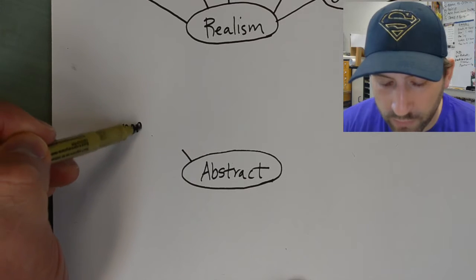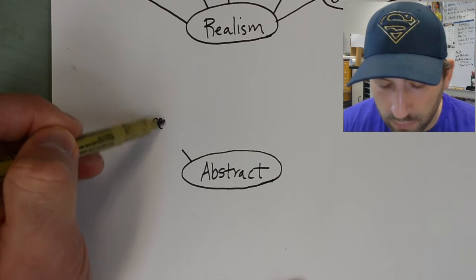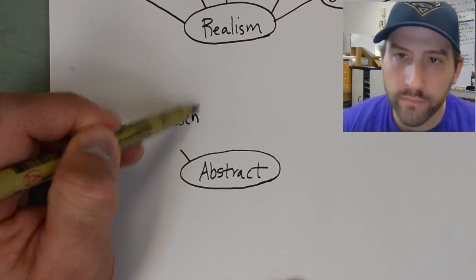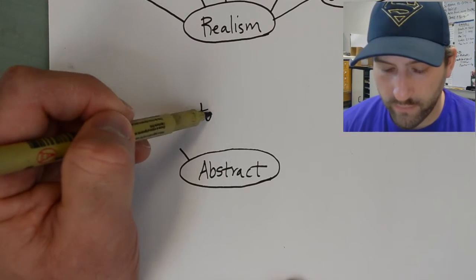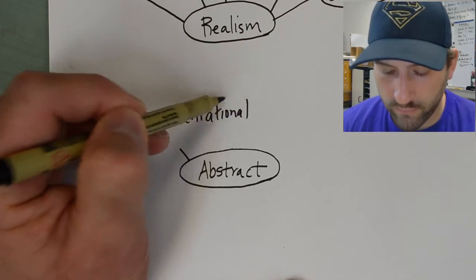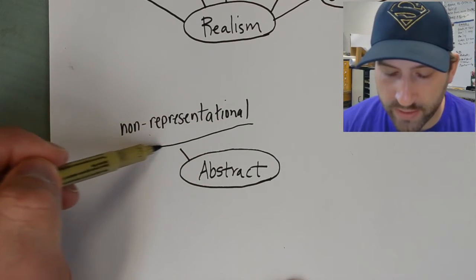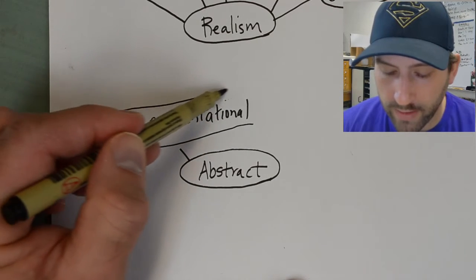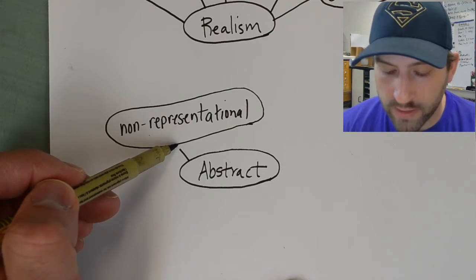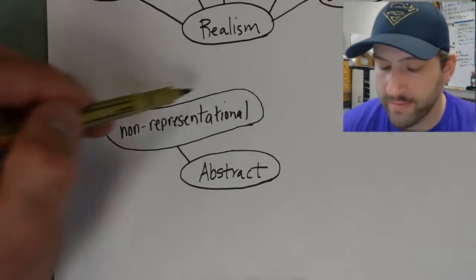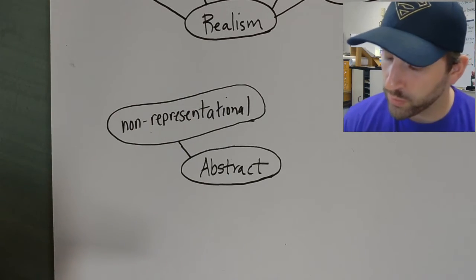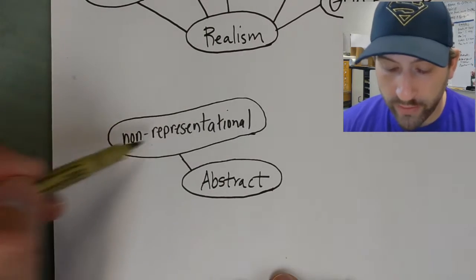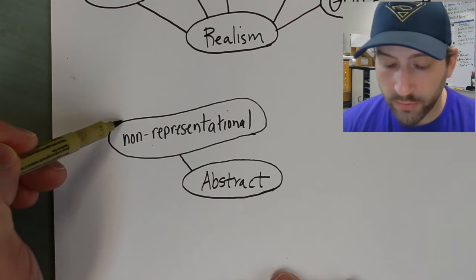That's a big fancy word. And that just means that you have something in your artwork that doesn't look like anything from the real world. And so I think about what kinds of things can be non-representational.